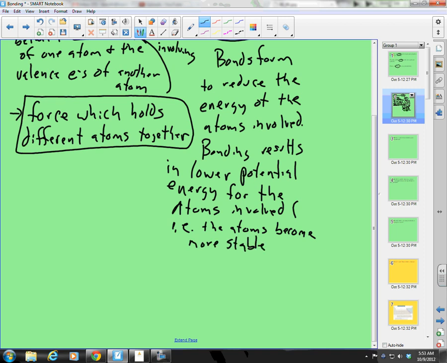Not just the atoms, but the whole system, as we will later call it.